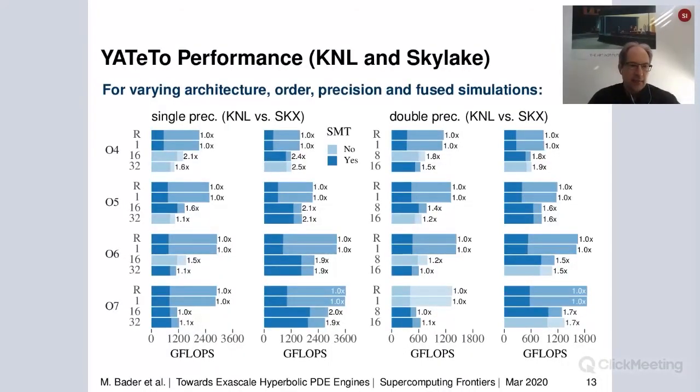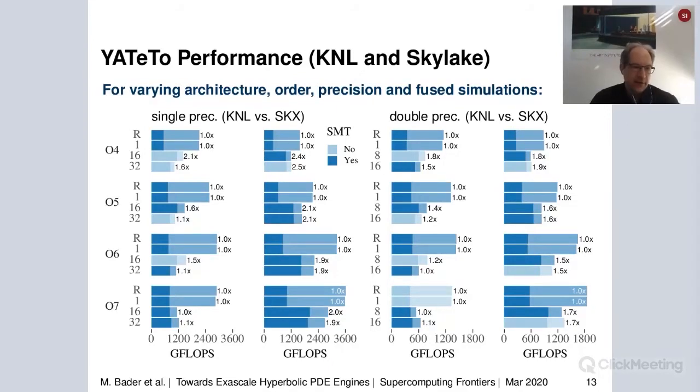So this is a performance collection. I will not go into detail about the gigaflop numbers. What is interesting here is that you have a dependency on the order, so with increasing order of the scheme, the performance gets more and more computation bound. The switch over starts from order 4, and then 5, 6, 7 get increasingly computation bound. Also, you have here the numbers for 16 or 32.